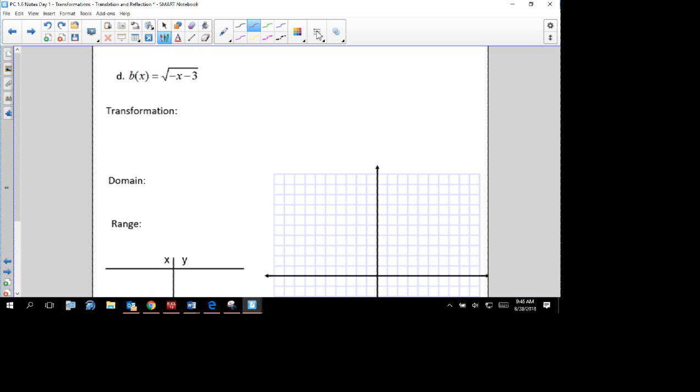When you have a coefficient on the x other than 1, you must factor it out of the translation, out of the binomial.